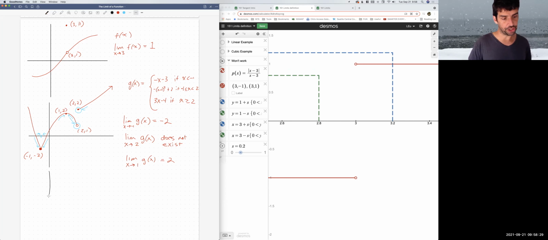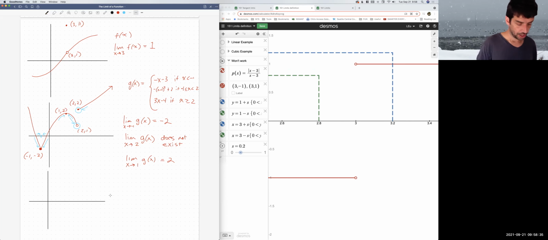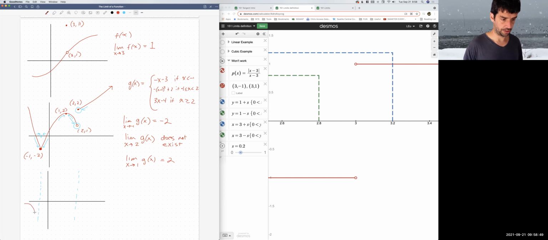I want to mention one other thing before we finish this video. Another kind of limit that we'll discuss in a separate video is what happens when you have asymptotes. So we might have a function that looks something like this.